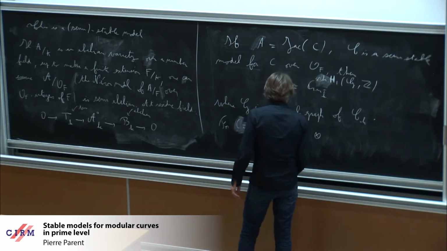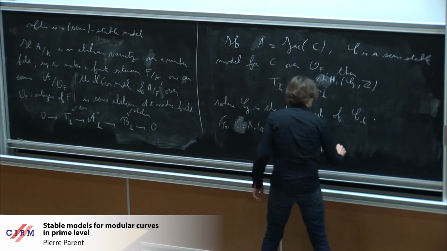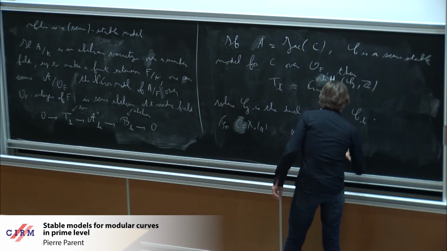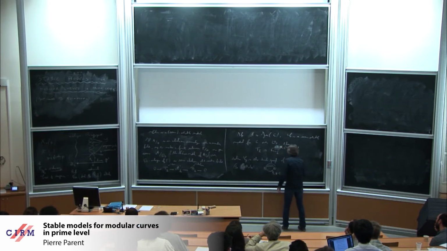You just have the two lines, and you have a certain number of edges between them, which is in bijection with the crossing points, so the super-singular invariants. So it means that the toric part exhausts all the fiber.